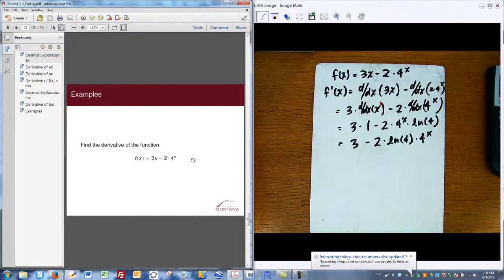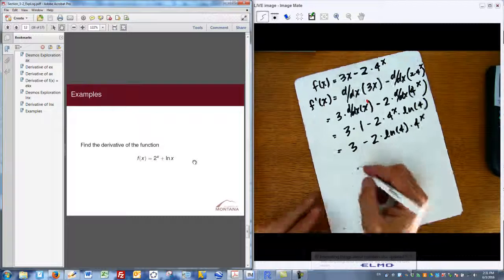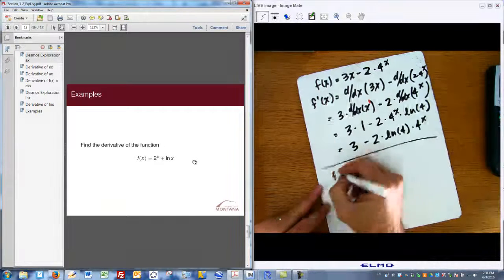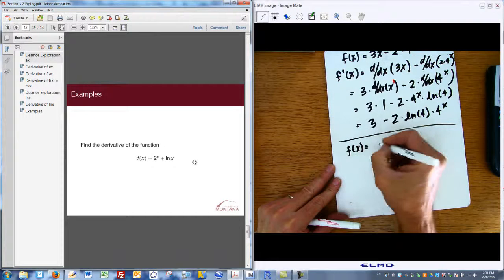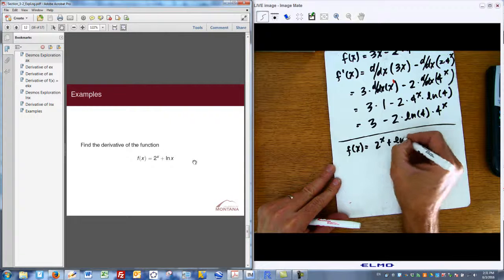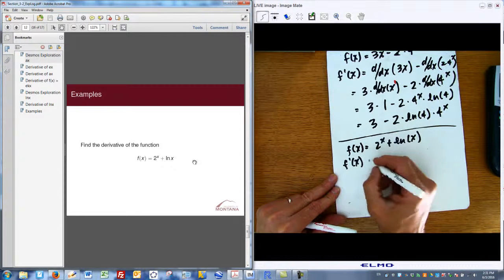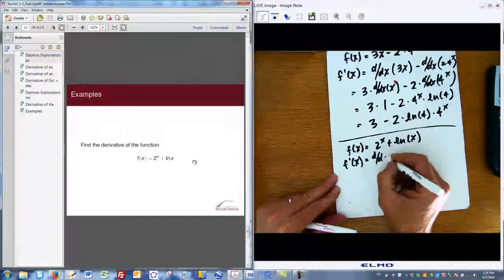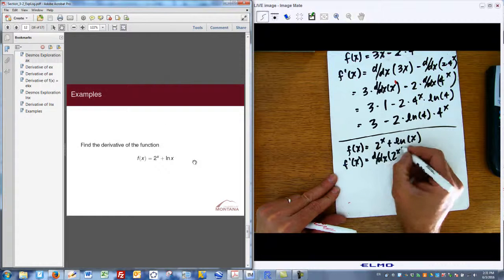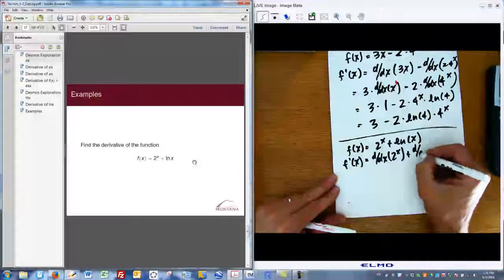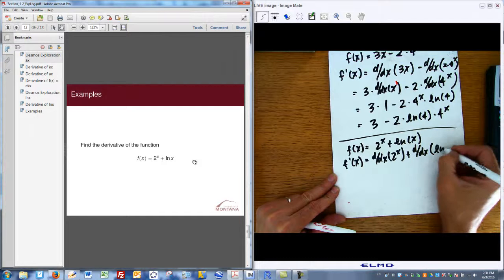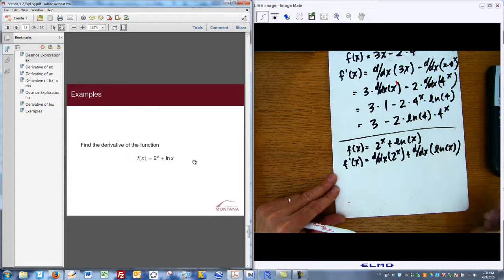Let's try one more example. 2 to the x plus ln x. So what's the derivative there? So that would be the derivative applied to 2 to the x plus the differential operator applied to ln x.